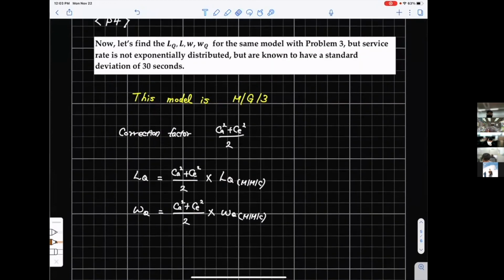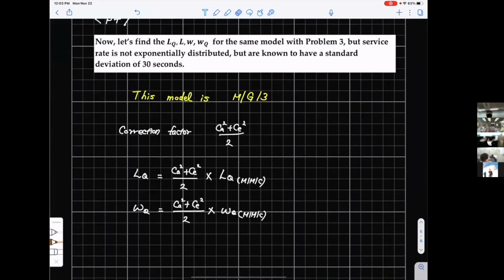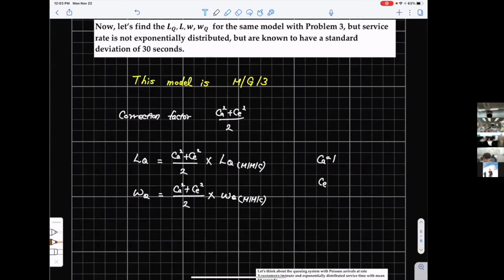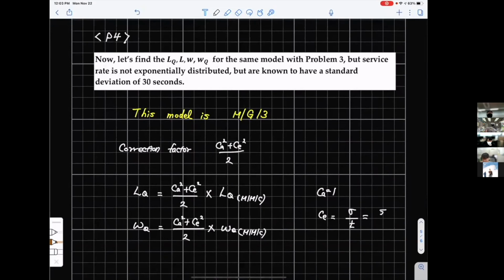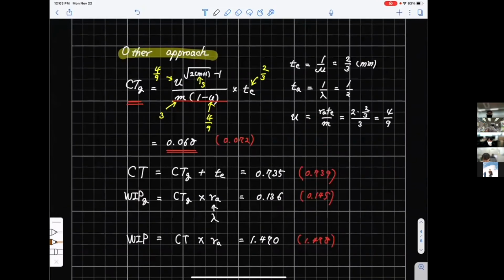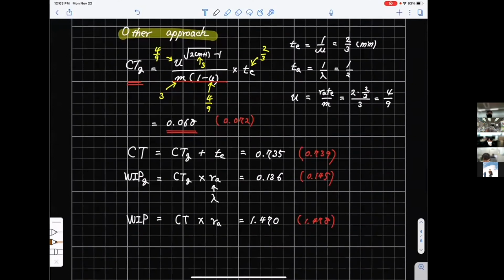So we need to know what is CA and CE. CA is 1 because the arrival rate is not changed. It still follows the Poisson process, but CE is a little bit different because CE is sigma over T. In this problem, sigma is 1 over 2 minutes, and T is 2 over 3.